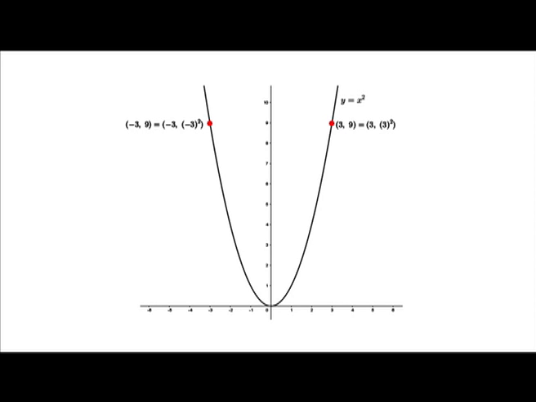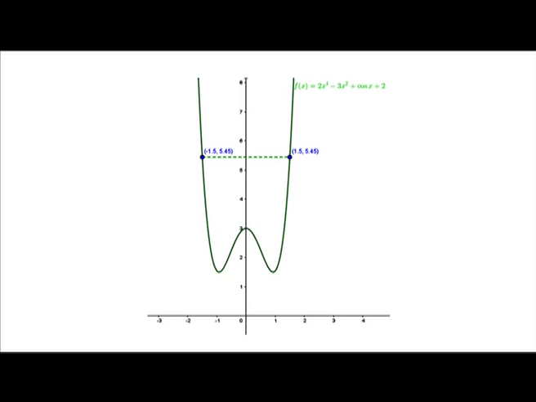For example, the graph of y equal to x square is symmetrical about the y axis, as the equation y equal to x square is not altered when x is replaced by minus x. As another example, the equation y equal to 2x to the power 4 minus 3x square plus cos x plus 2 is not altered when x is replaced by minus x. Hence, its graph is symmetric about the y axis.